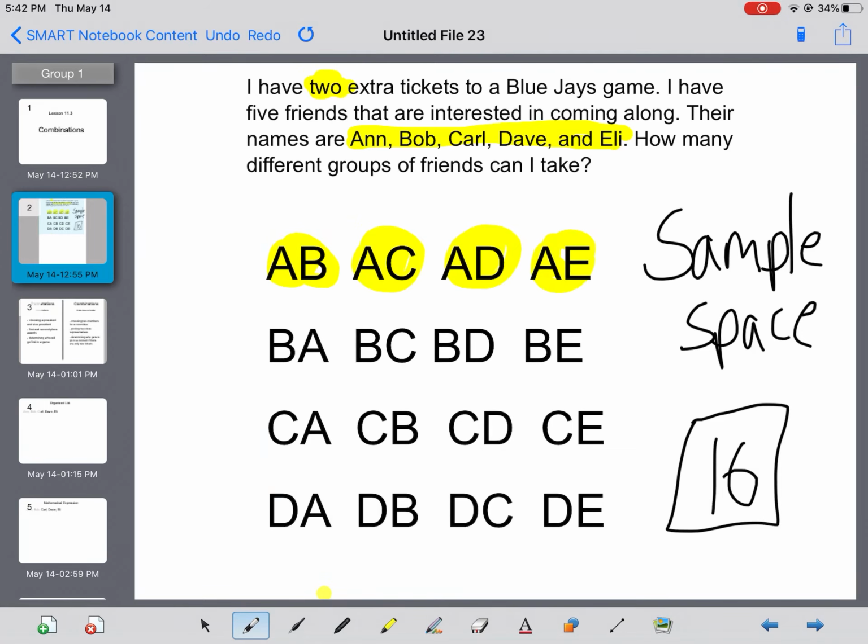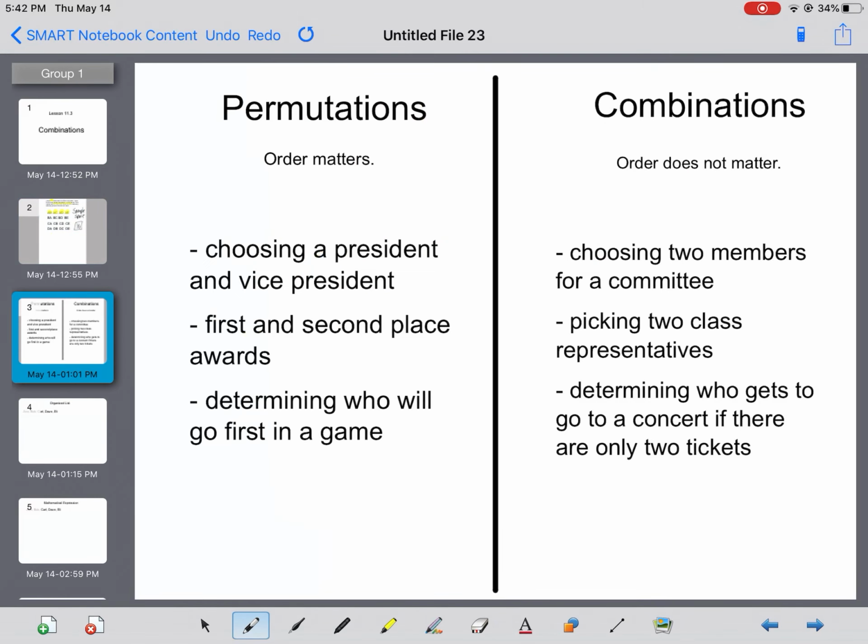Now, before we go on to this problem a bit more, I want to talk a little bit about what I said before, the difference between permutations and combinations. Permutations, which is what we studied yesterday, is when order matters. If we are voting for a president and a vice president, the order matters.